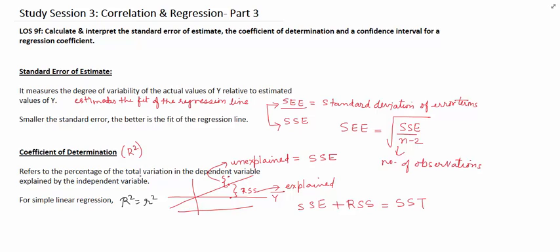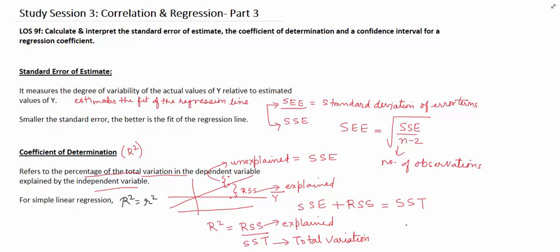Now, what coefficient of determination is saying is that it measures the percentage of the total variation that is explained by the independent variable. Means you can say that R square is nothing but RSS by SST. RSS is explained by the independent variable and SST is the total variation.